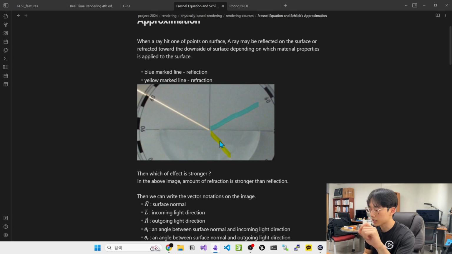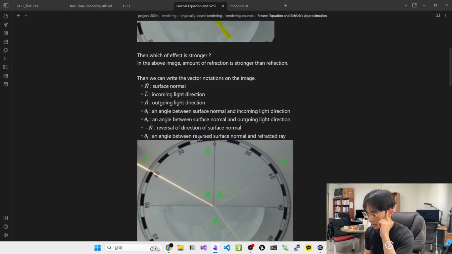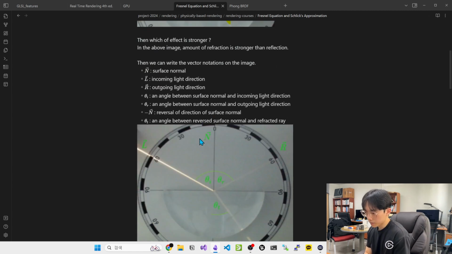In the case of glass to air interaction, the reflected amount is stronger when the incidence angle is 60 degrees. So we can write the vector notation on this image. n is the surface normal vector, L is the incident light direction, and R is the outgoing light direction.